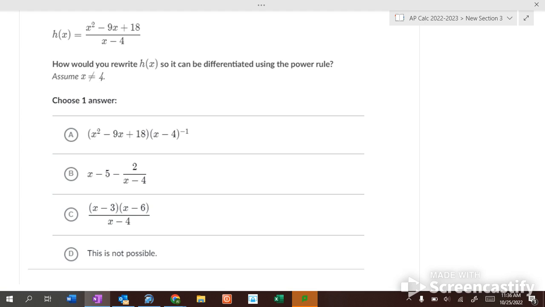But it's not going to factor out. No, it's not. So it's not possible. So what do you think? It's not possible. The other answers are power rules.